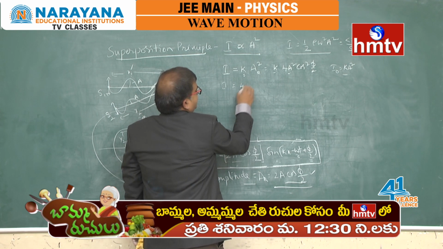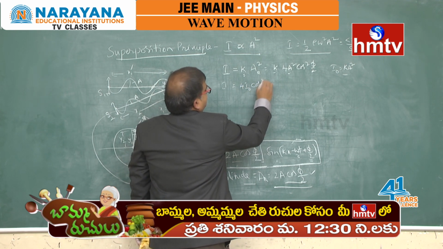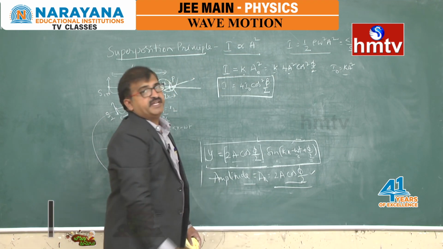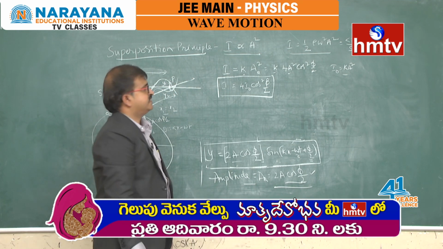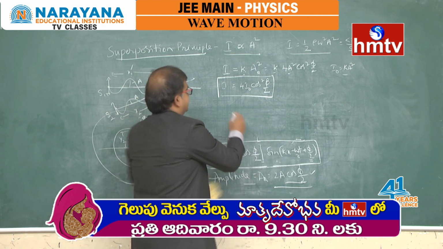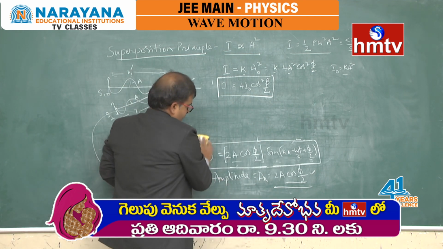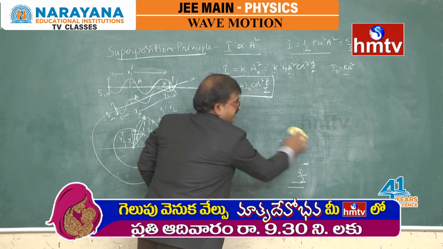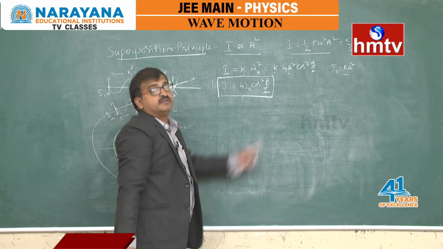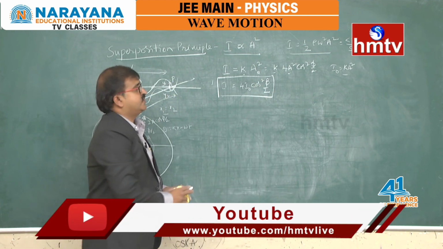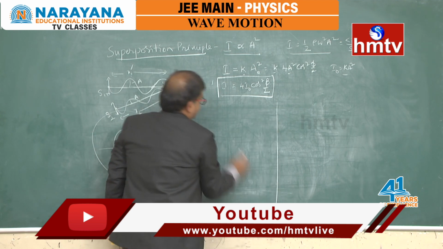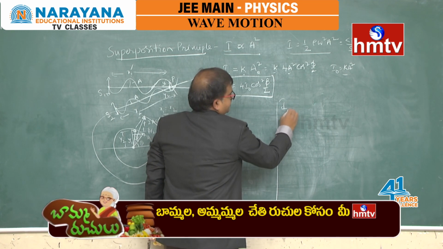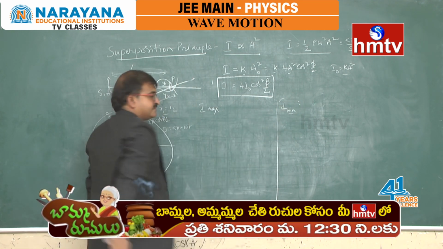So the resultant intensity becomes 4I naught cos square phi by 2. This intensity may be maximum or minimum at different instants depending on the phi value. So here you will get the I maximum condition and the I minimum condition.